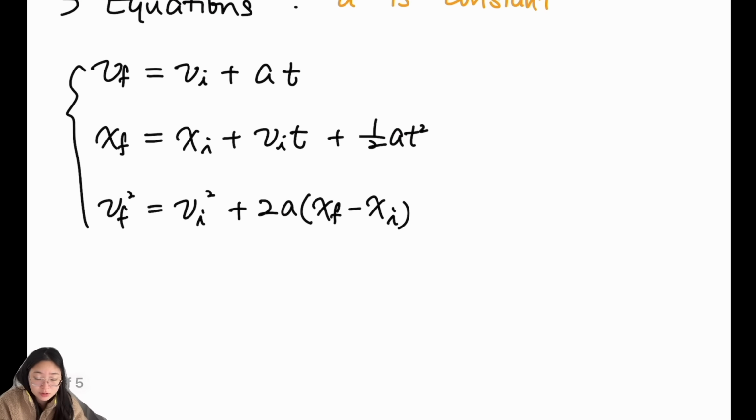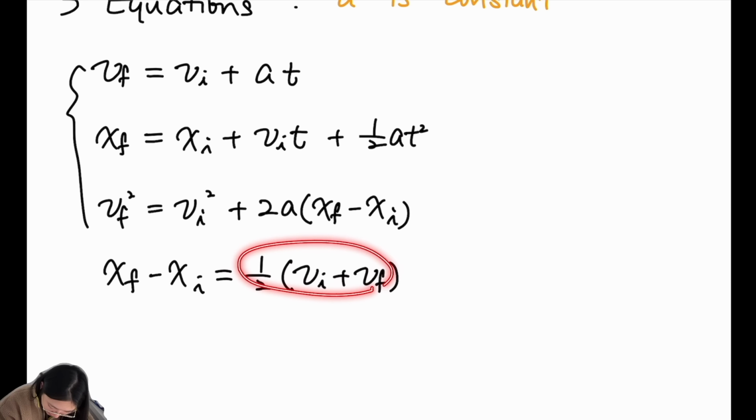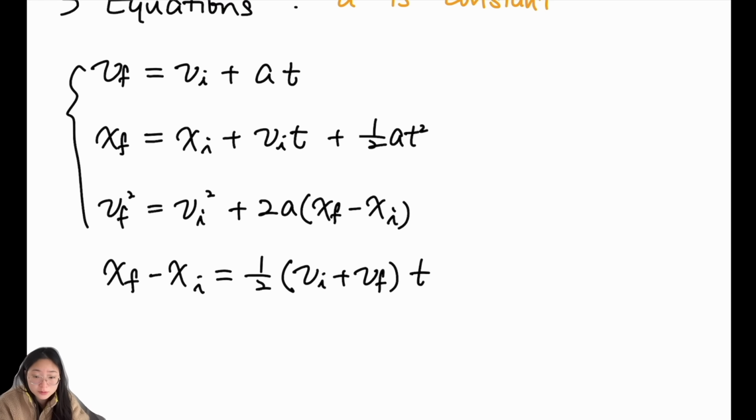Sometimes I can use the 4th equation to make the calculation faster. The last one is the change in the position, or displacement, is equal to 1/2 of the initial velocity plus final velocity, times t. This part actually represents the average velocity. Average velocity multiplied by time is equal to the displacement.